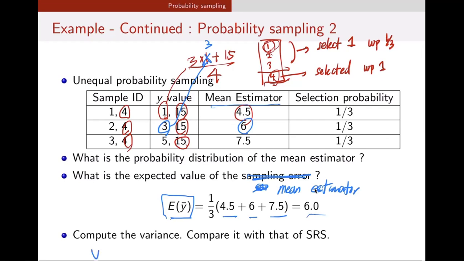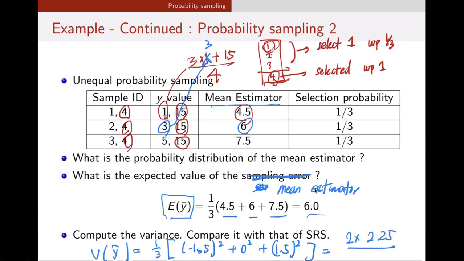What is the variance of y bar? Then 1/3 times 1.5 squared, 0 squared, plus 1.5 squared. So 2 times 2.25 divided by 3, which is roughly 1 point something.